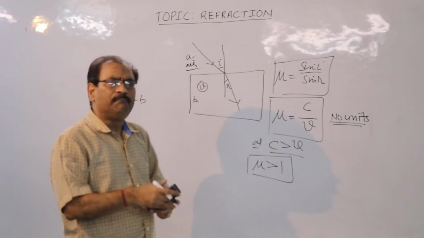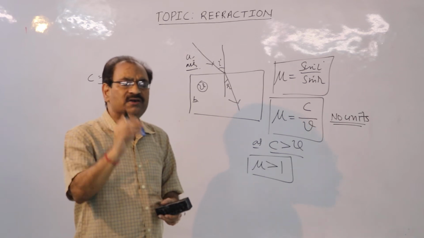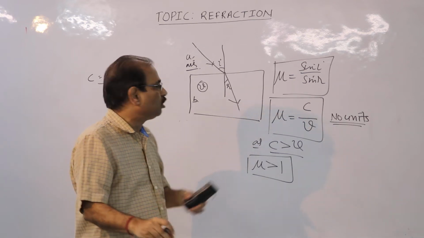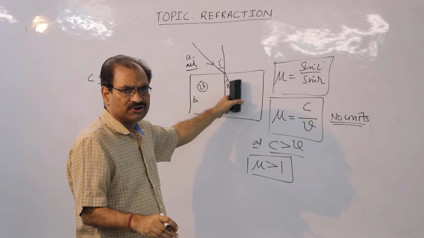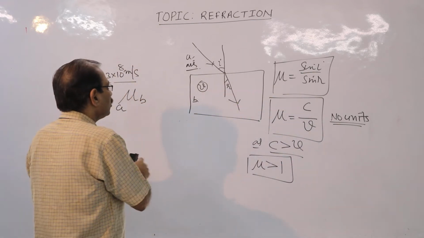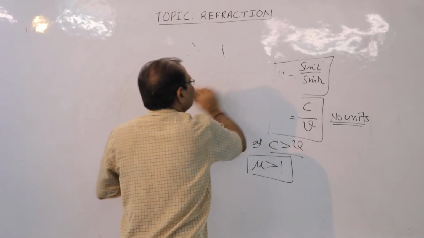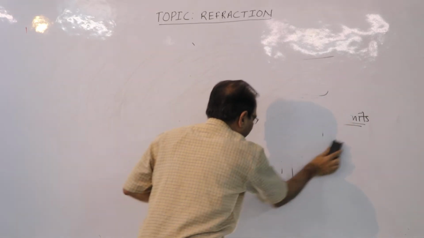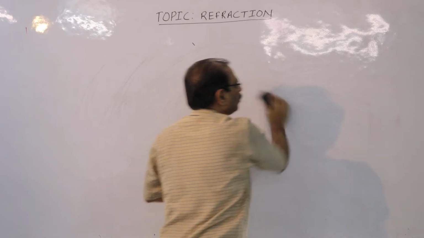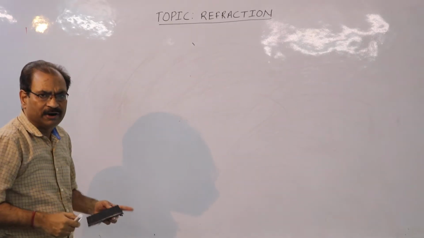Children, there are some basic formulae, some basic concepts which are involved in the concept of refraction. Let us go ahead. The first is the principle of reversibility of light. I repeat, the principle of reversibility.